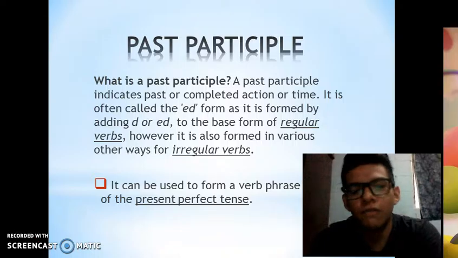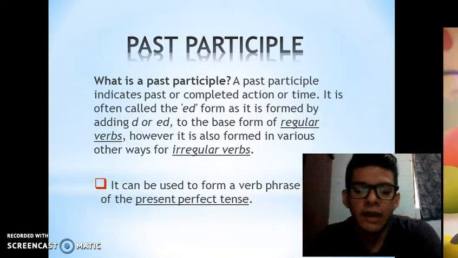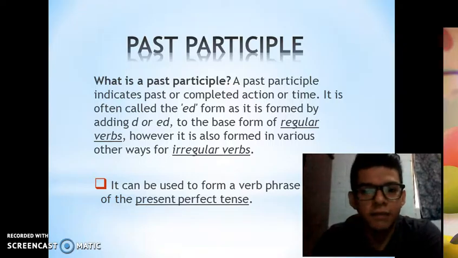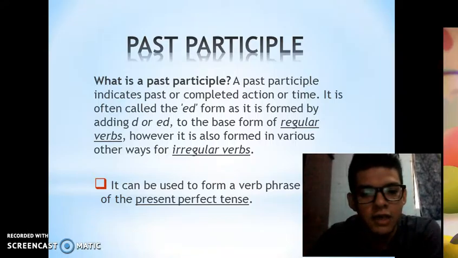However, it is also formed in various ways for irregular verbs. Later on, guys, I'm going to show you a little list of regular verbs and irregular verbs that you can use in past participle according to the form of the verbs.